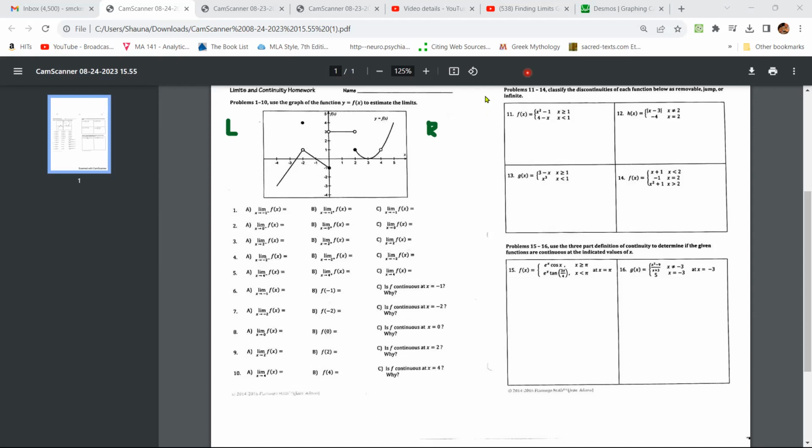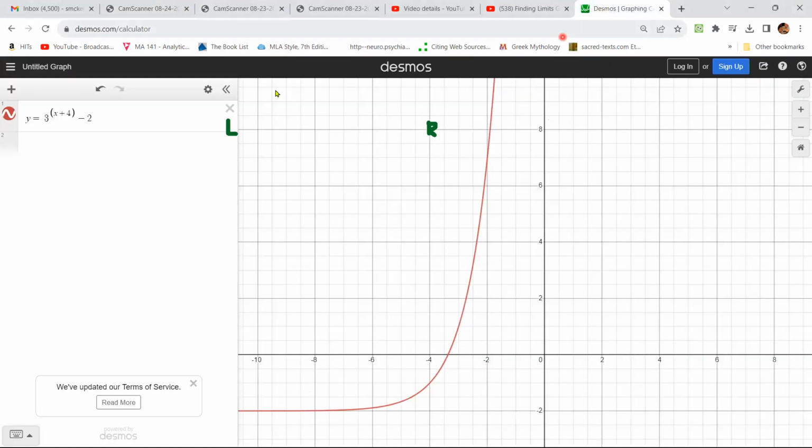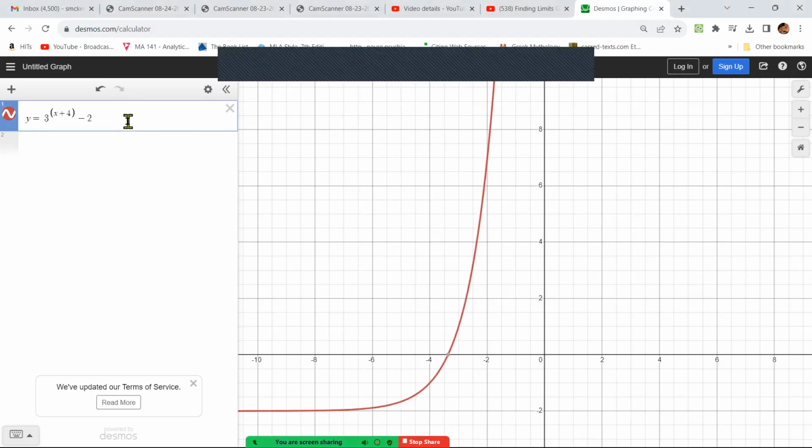There is a way to enter piecewise functions on Desmos, but I'm not going to show you that right away. I will probably show you, but I want you to see the function first.